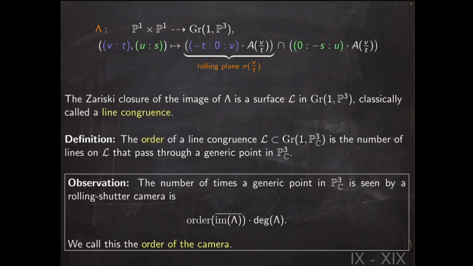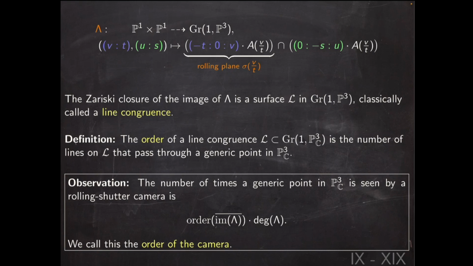But now each of these orange camera rays might actually be seen on several pixels on the image. That would be the degree of lambda. So how often a point is seen by the camera depends on two things: the order of this algebraic surface in the Grassmannian, and also the degree of its parametrization map. And so we call that product the order of the camera.